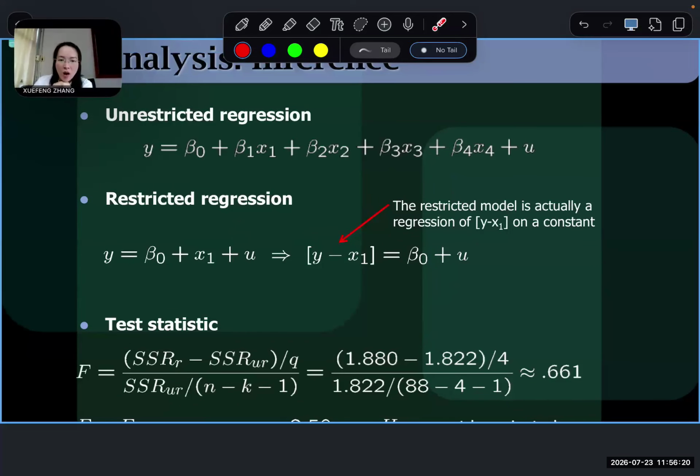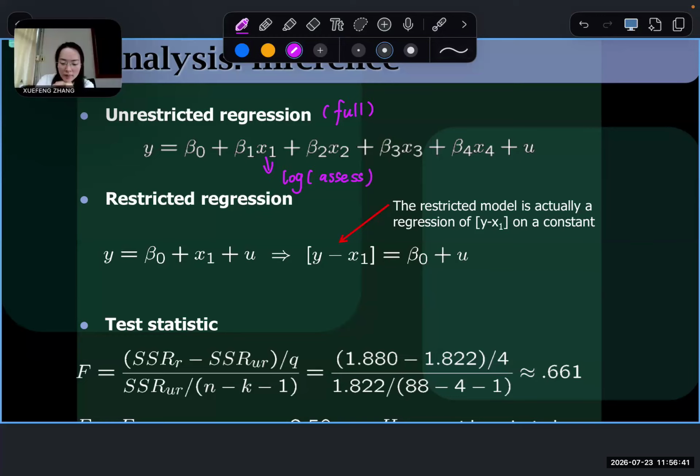Suppose our unrestricted model, which is the full model, right? Beta 1 through beta 4, this is the full model again. And here, x1 is basically equal to log assessment, right?